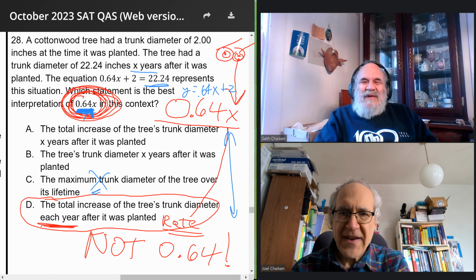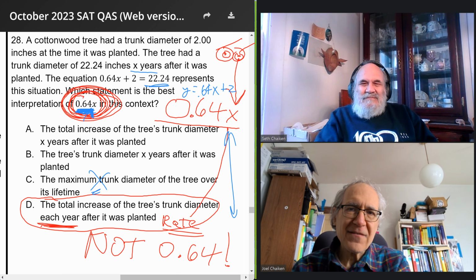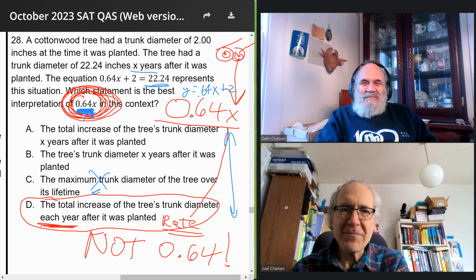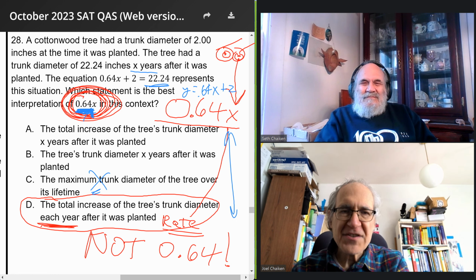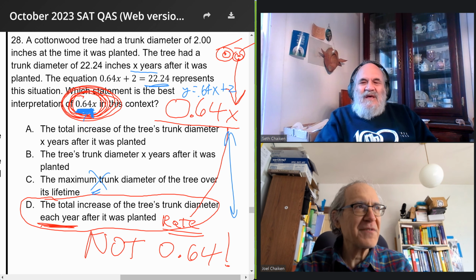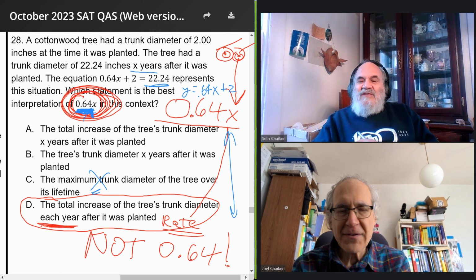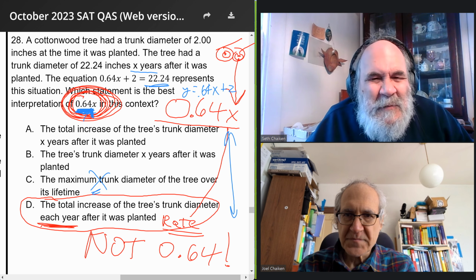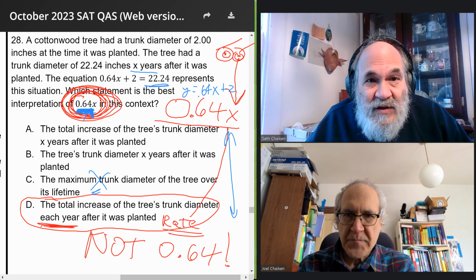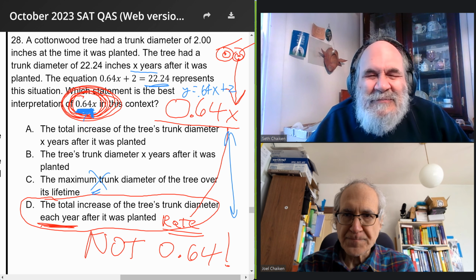Yeah. This is a very common type of question on tests like these where they want you to interpret the meaning of something in a function or in an expression. What is the meaning? Very common. The question would have been the same if they told you the numerical value of x.